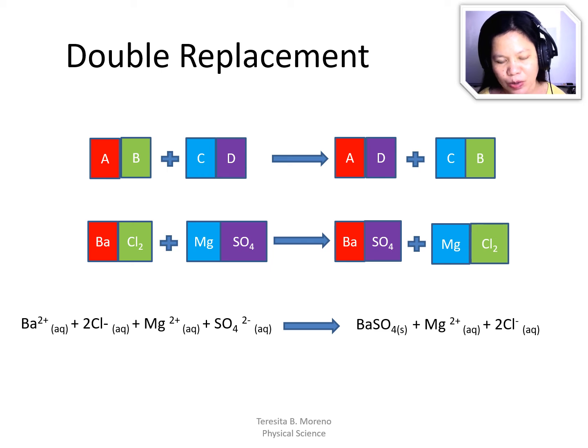We call this one polyatomic ions. So that's why in our formula here, barium SO4 do not have anymore the subscript of 2. Why? Because barium is positive 2, SO4 is negative 2, so they can cancel out. So magnesium remain positive 2 and chlorine is negative 1. Okay, that's why in our formula you have magnesium and chlorine subscript of 2. That comes from magnesium positive 2.